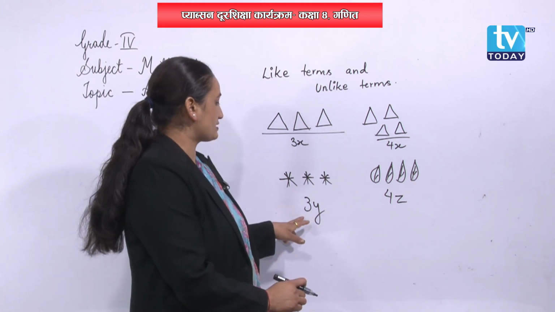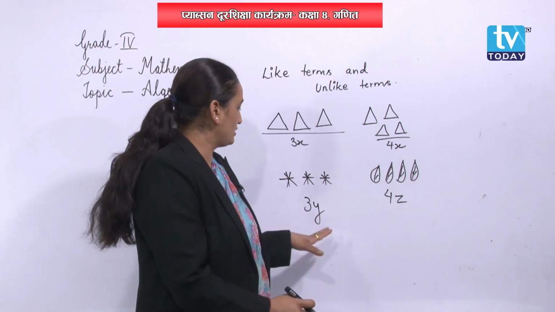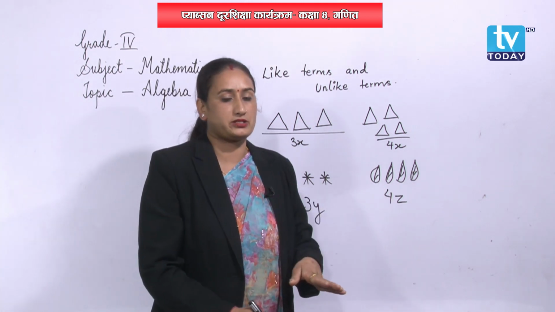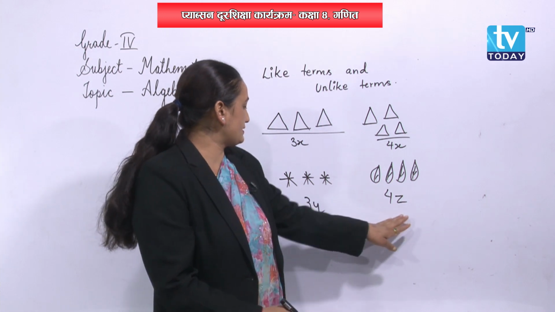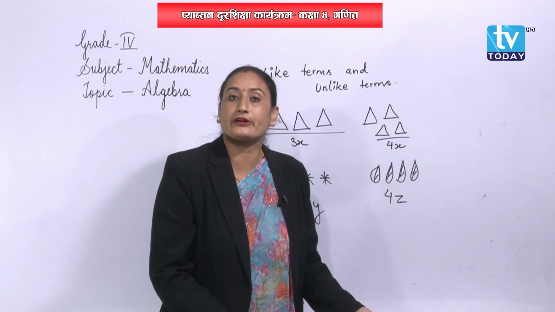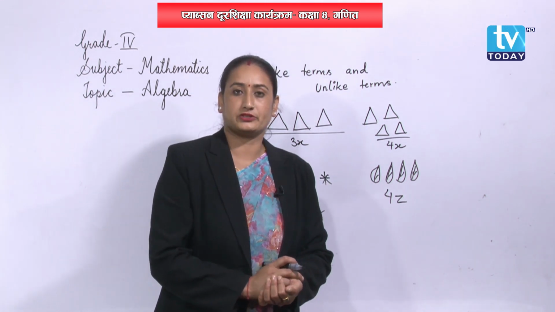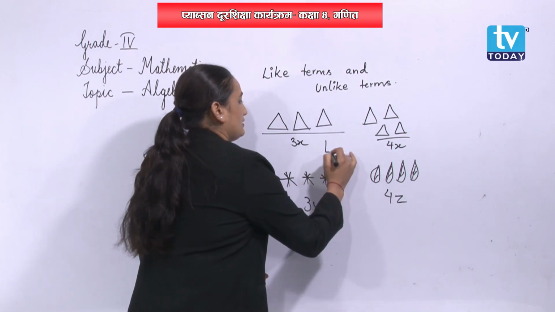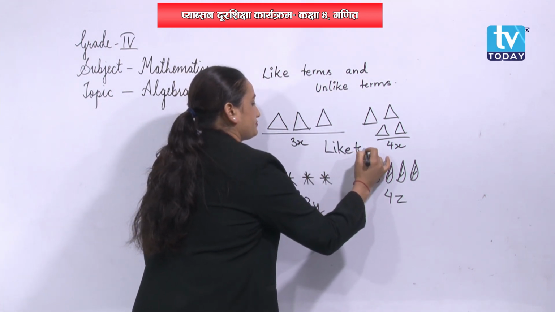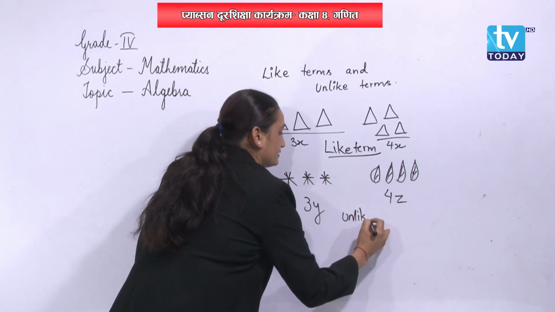The numbers 3y and 4z, the numbers are also different. If they were the same also, no matter, okay. But see here this y and z, the bases are different. So we call it an unlike term. Do you understand? It's a like term. And next is unlike term.